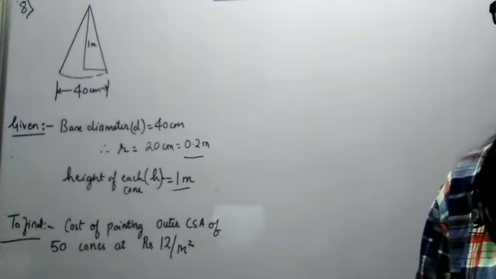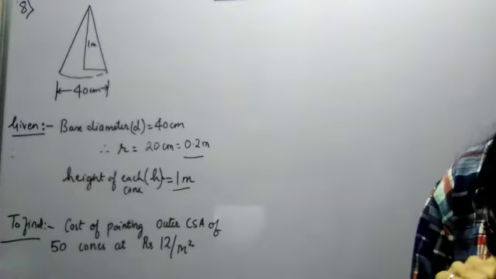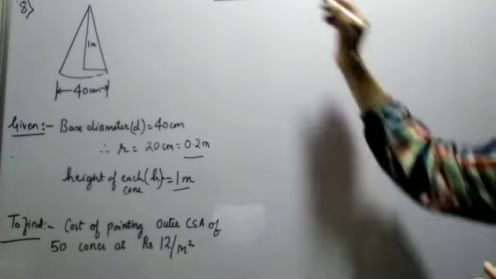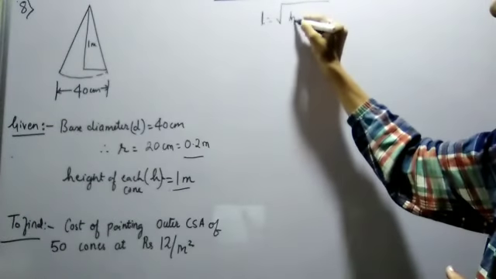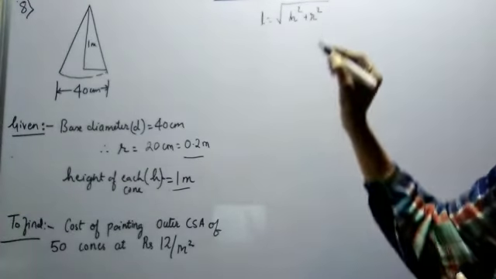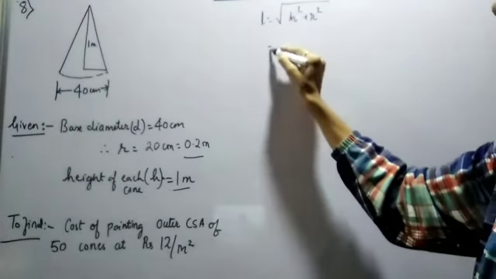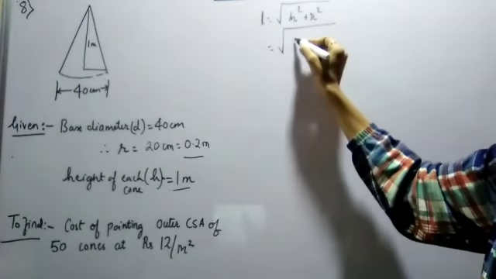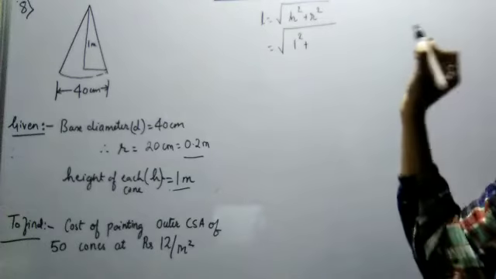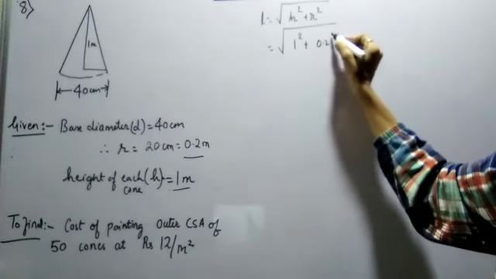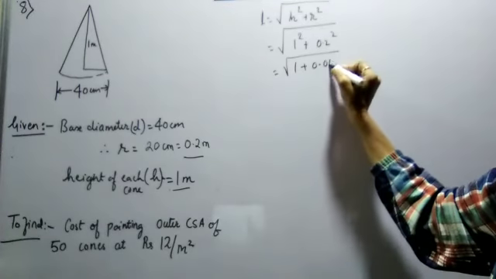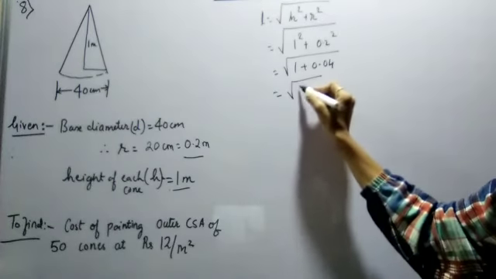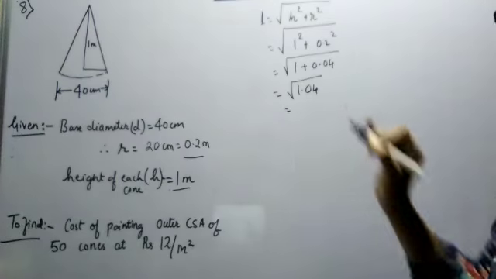Now here see, the rate is given in meters, so I guess we should have all the dimensions in meters. So if diameter is 40, radius will be 20 centimeters, that is 0.2 meter. Height is already in meters. To find out CSA, what do we need? We need the slant height. So let us calculate it. L is equal to under root of h square plus r square. So 1 square plus 0.2 whole square, so 1 plus 0.04, that is 1.04.